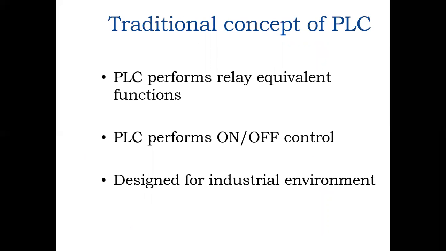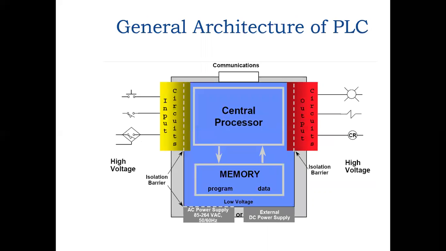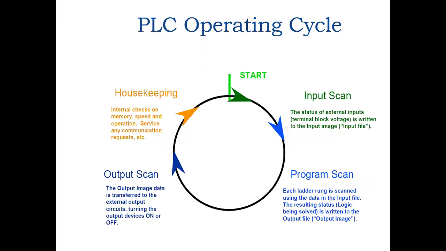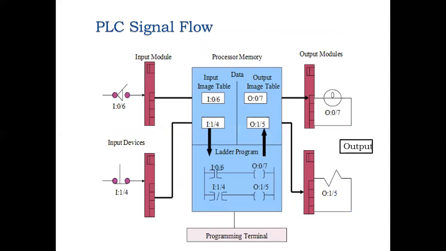The traditional concept of PLC: a PLC performs relay replacement functions. A PLC performs on-off control designed for an industrial environment. This is the general architecture. This is the operation cycle of PLC: input scan, program scan, output scan, and housekeeping, where the output is defined for the application.